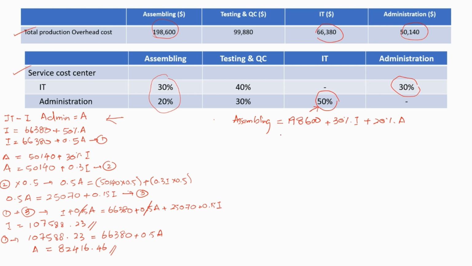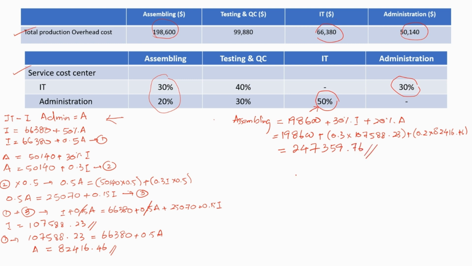Now we can directly find the value for this equation because we already found the values for I and A. Now let's assign these values. So the total production overhead cost for the production cost center assembling is equal to 247,359.76.